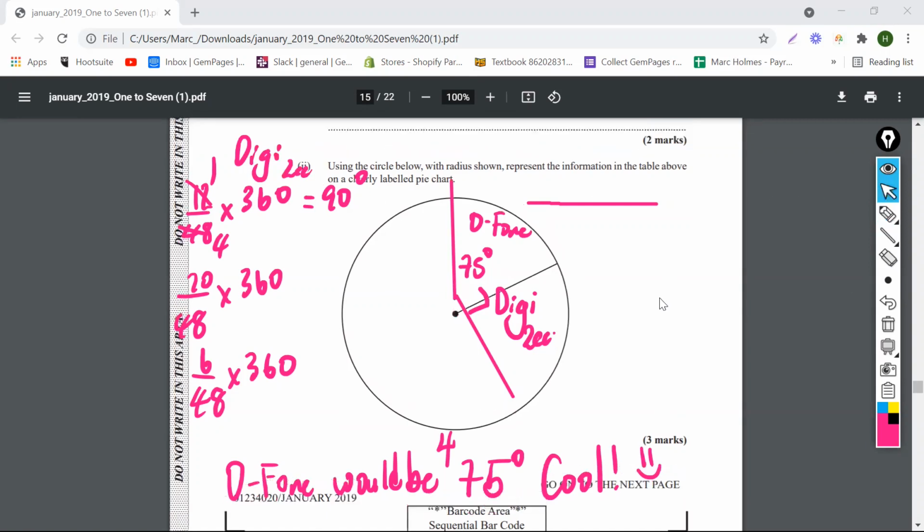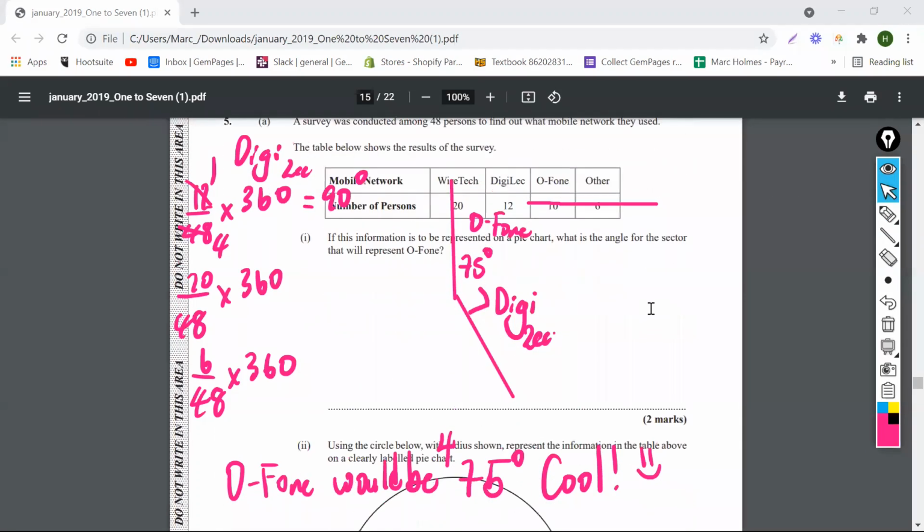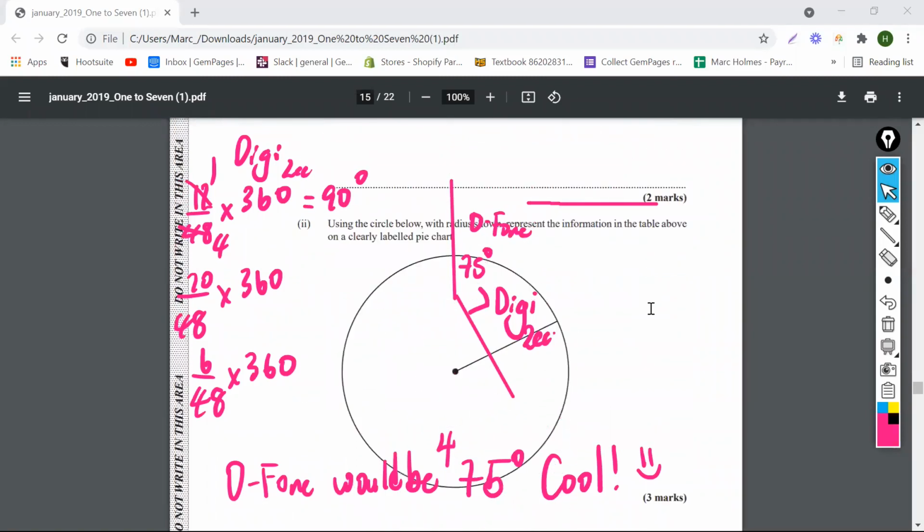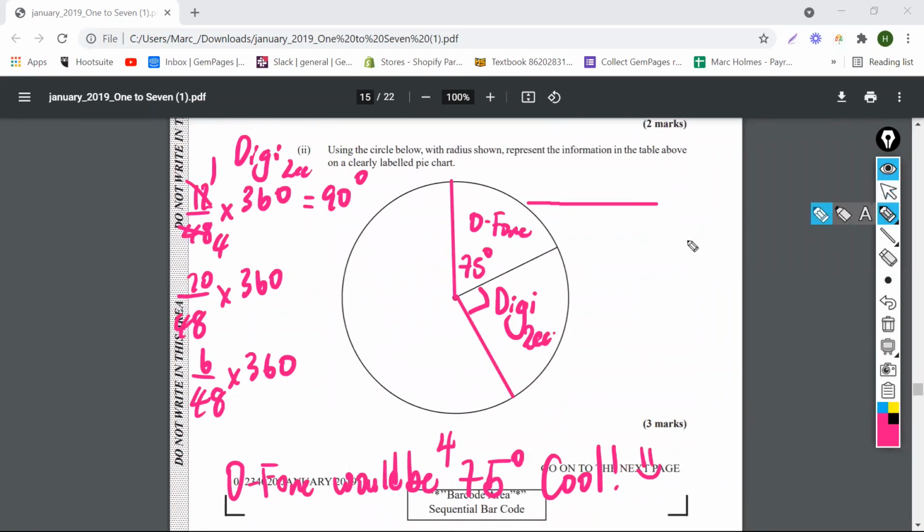And the other two are Wiretech and other, right? So the 20 would be Wiretech, and the last one would be other. So this one would be Wiretech and this one would be other.